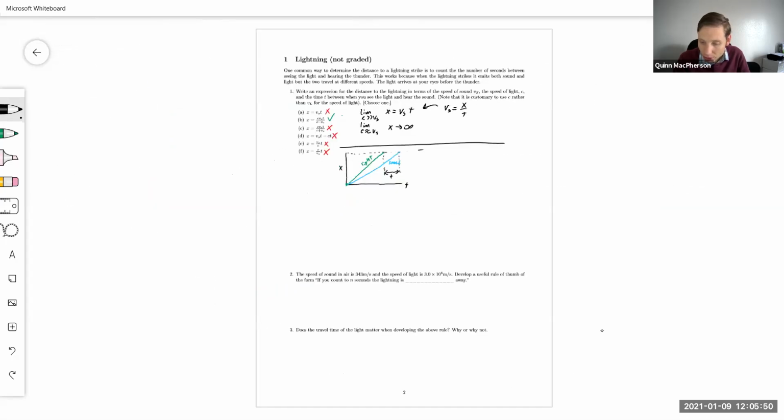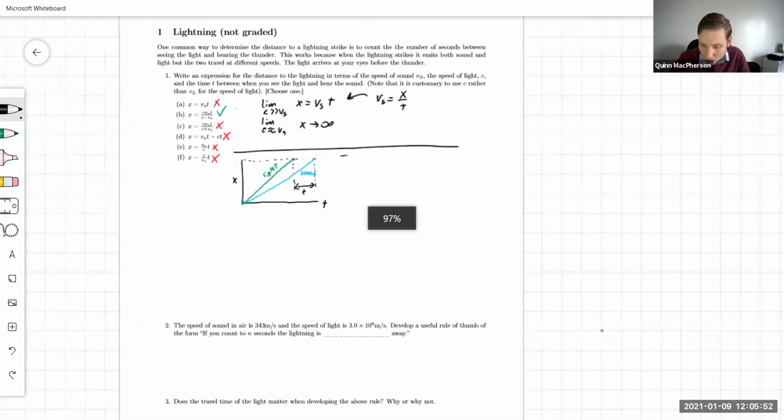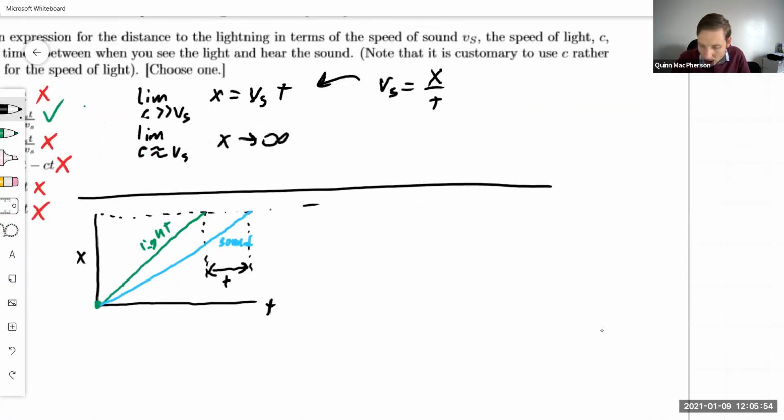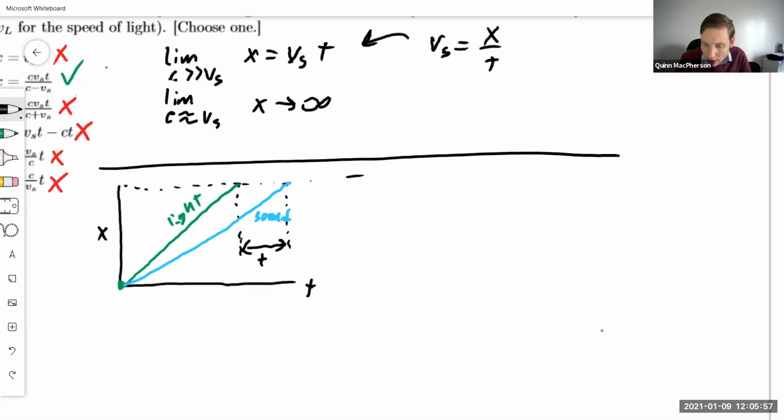Sorry about that. We can write x is equal to the speed of sound times, I'm going to say t sound.